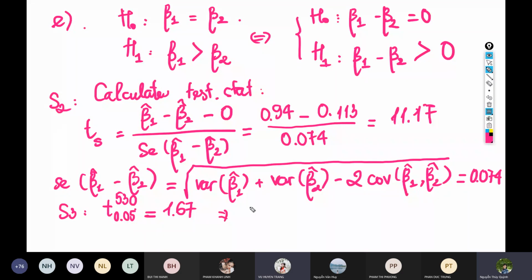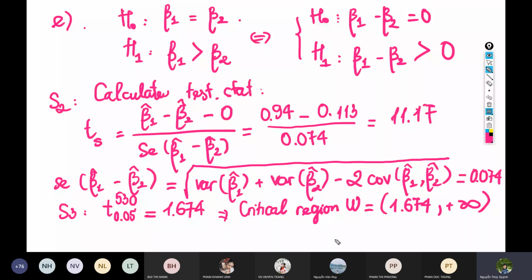1.674. Yes. So the critical region is W equals 1.674 to positive infinity.